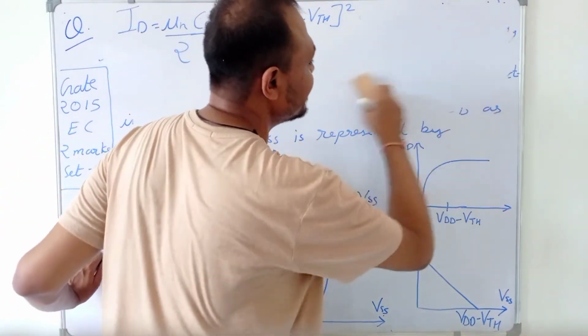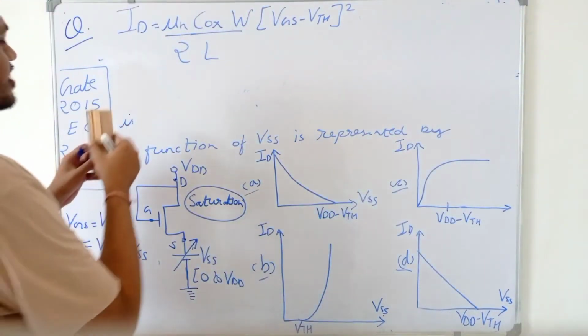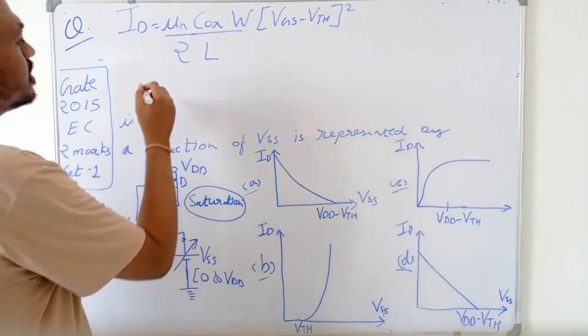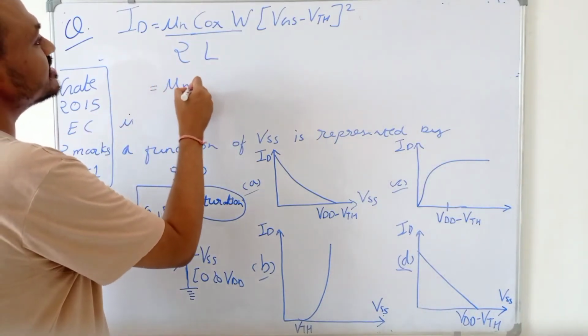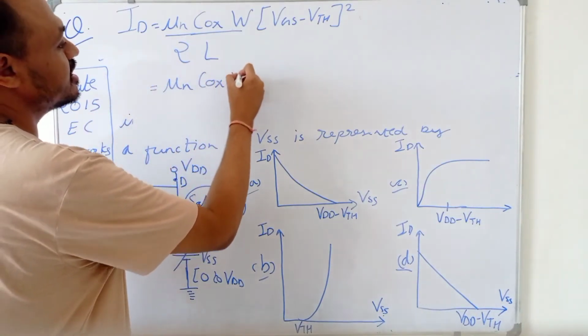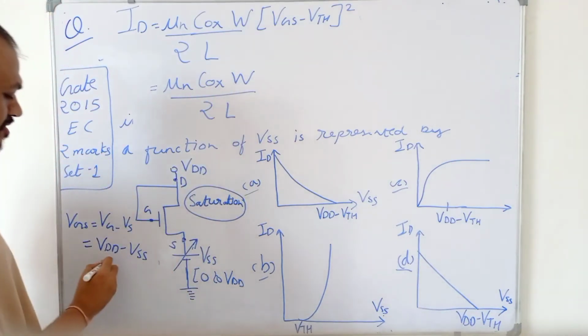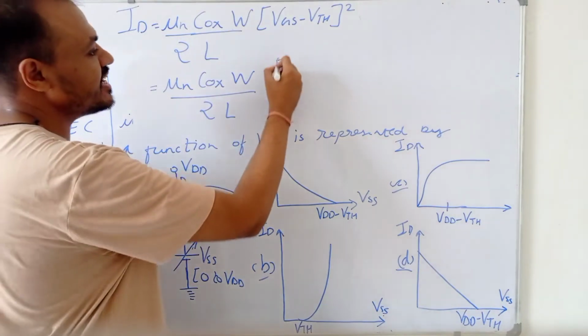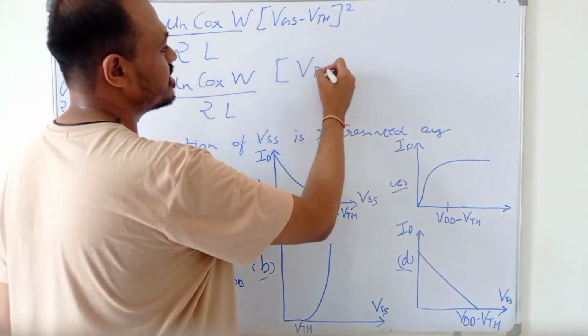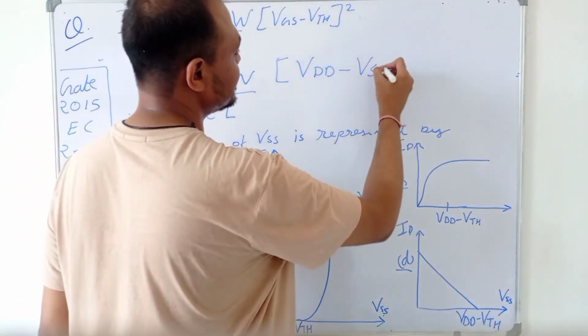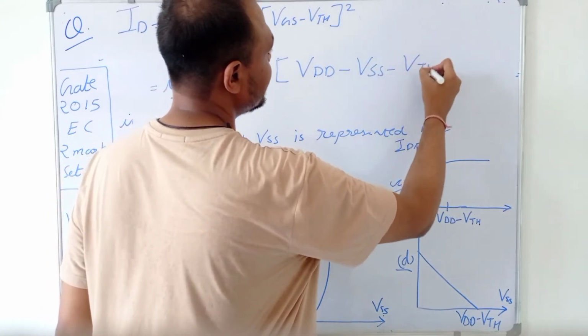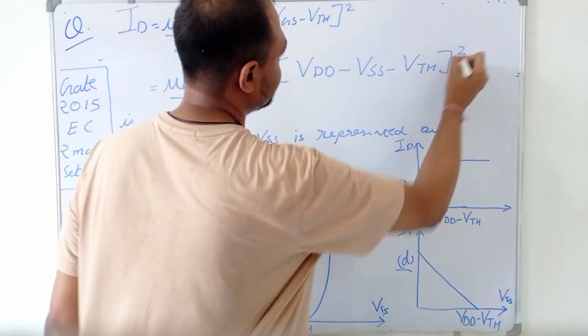We can write the equation as mu n COX W by 2L times VDD minus VSS minus VTH square.